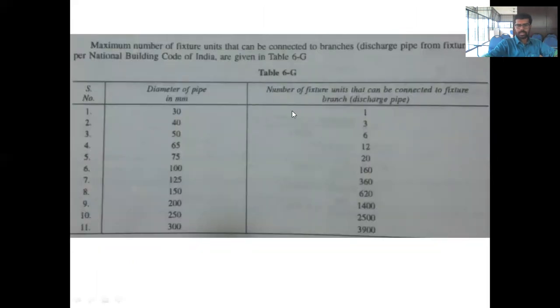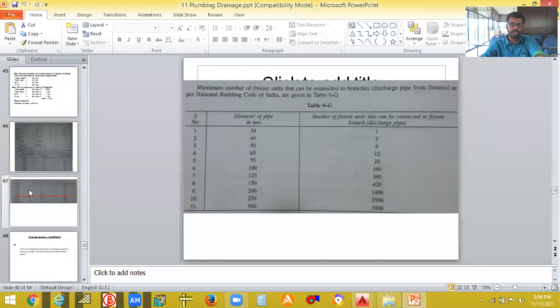Number of fixtures that can be connected to the fixture branch is from NBC only. So how much did we get? 525. After that it is 1400, so you can take this 1400 range, and the diameter of the pipe is 200. Horizontal pipe diameter is 200.